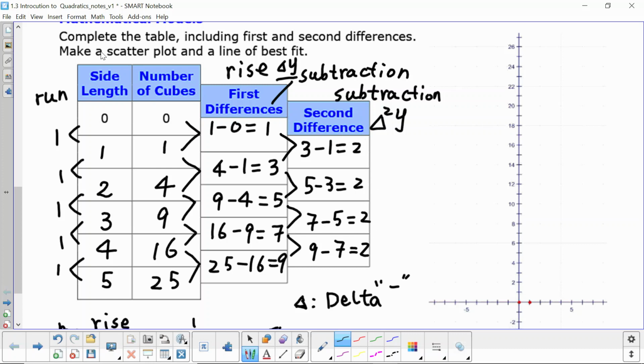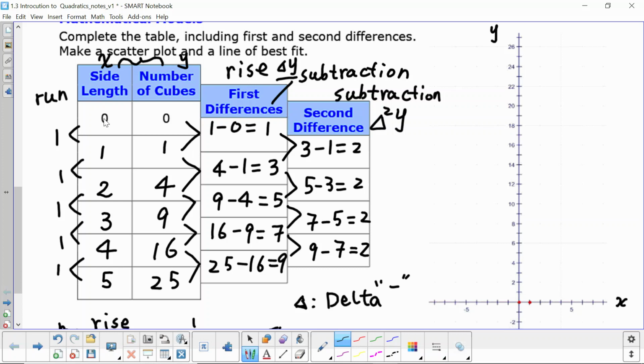After that, we are going to make a scatter plot using the first two columns. The first column always is our independent variable x, and the second column is our dependent variable y. So this is x, this is y.